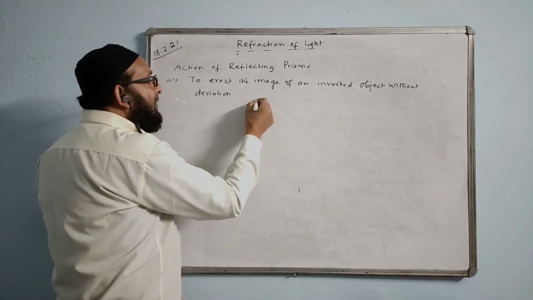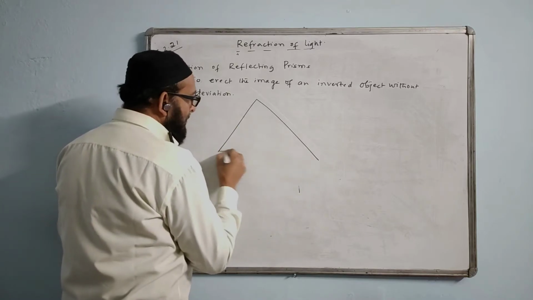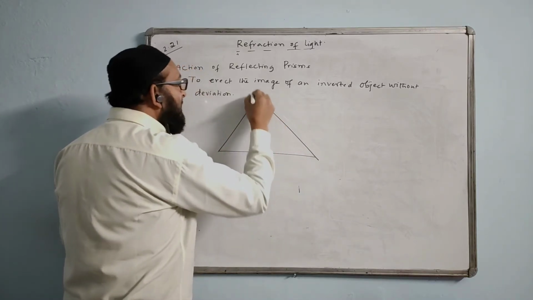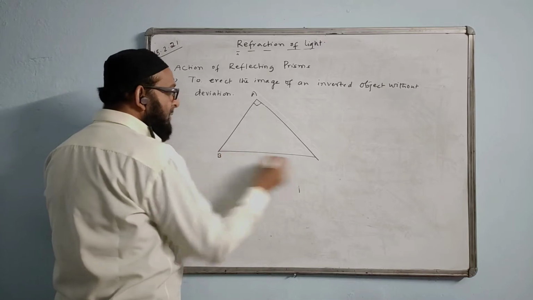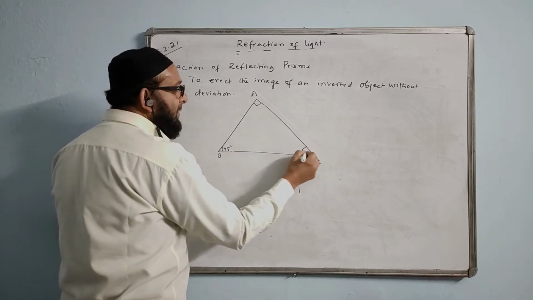For this, the diagram will go like this. This is 90 degree, there is A, B, C. 45 degree here, 45 degree here.